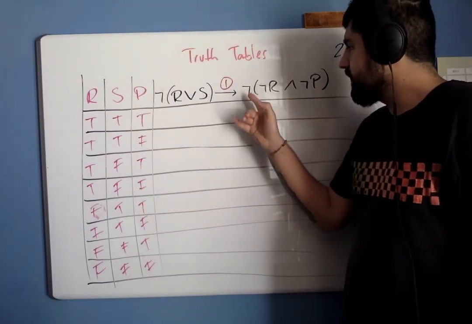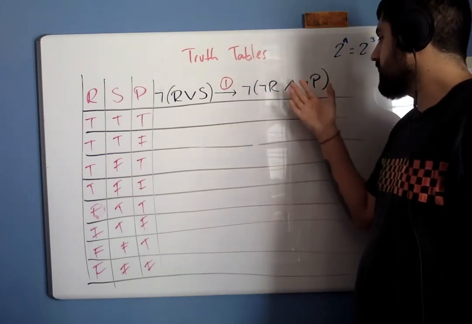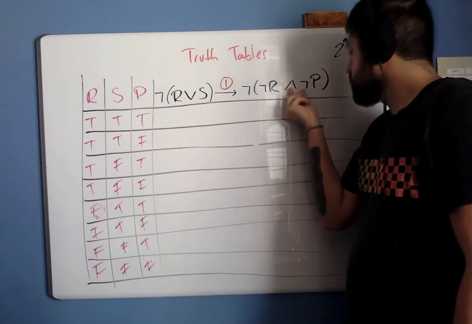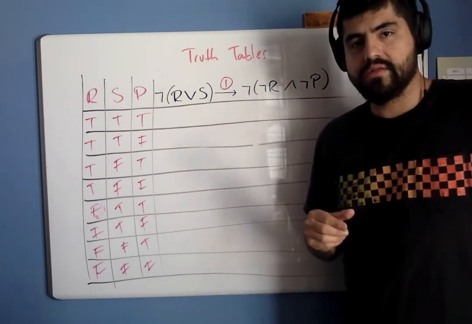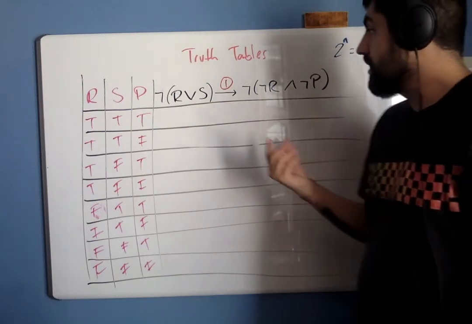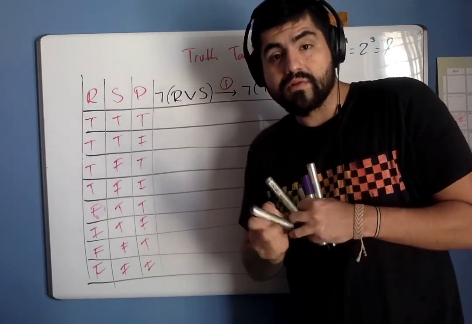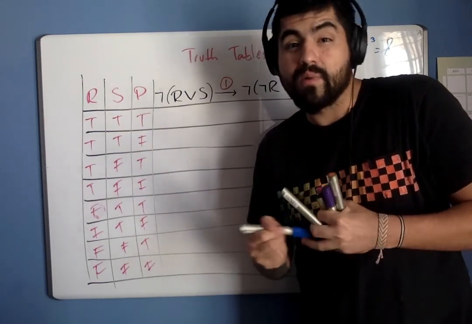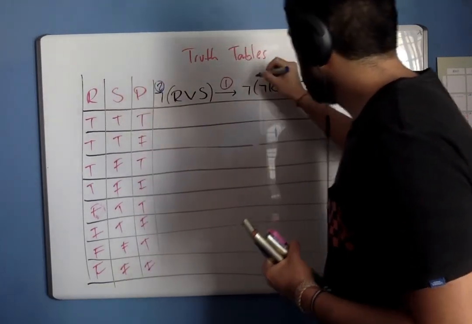We cannot solve this negation if we haven't solved yet the conjunction between the negation of R and the negation of P. See? Yes? So the second level of the logical connectives is going to be both negations, okay? I'm going to write that with the number 2.